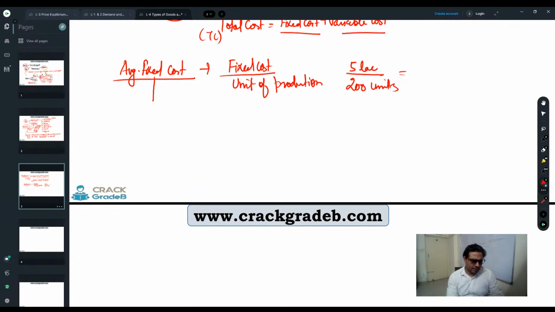Nobody is going to give the answer, or it is not visible to me in this chat session. Okay, it will be 1000. Average fixed cost, units 200, 5 lakhs. We are going to get this one.